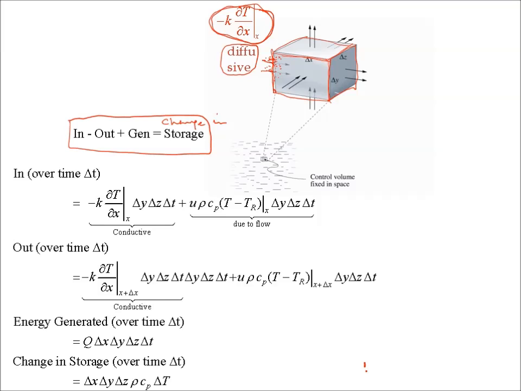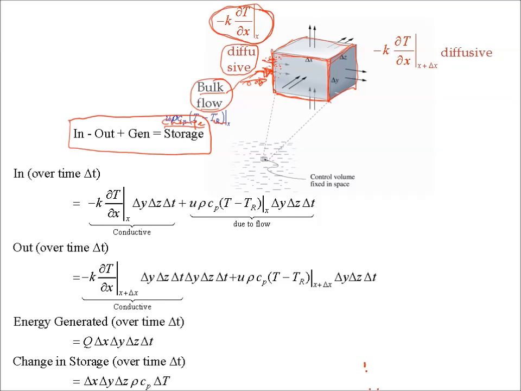Then there is another part, and the other part has to do with bulk flow. So if this is your classroom, for example, and I have a fixed location in space, then air can go in and out. And that's what this part is. So this air, as it moves in, it brings some energy with it, and that's the energy due to bulk flow.